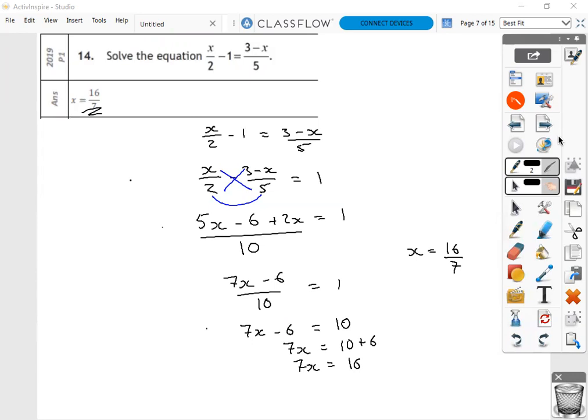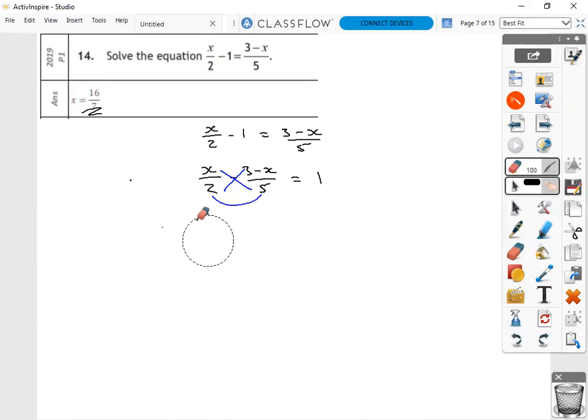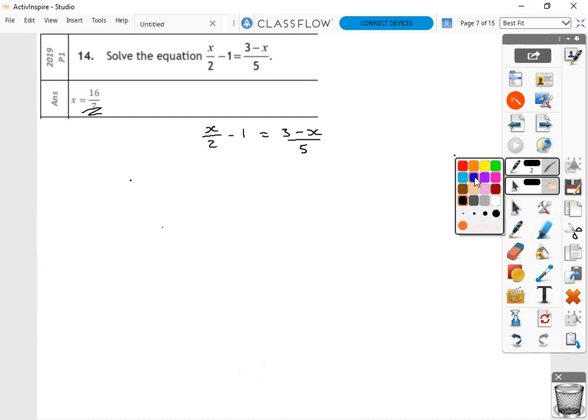I was going to show you another way of doing that, wasn't I? Okay, what we could do here is bring this 5 across over to the other side.